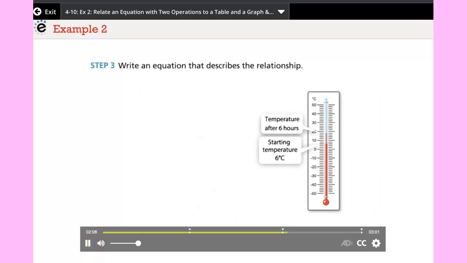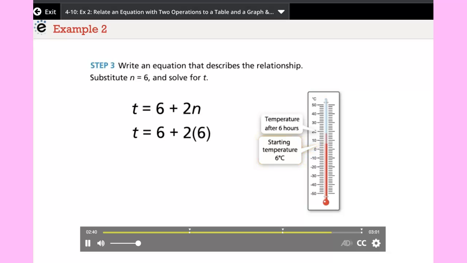Finally, you can represent the problem by writing an equation that describes the relationship between hours, N, and temperature, T. The starting temperature is 6 degrees Celsius, so begin the equation by writing T equals 6. Then the temperature increases 2 degrees every hour, so the equation is T equals 6 plus 2N.